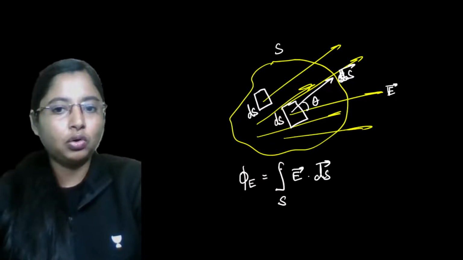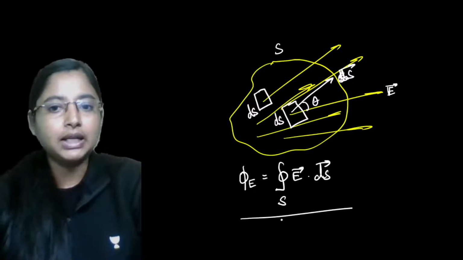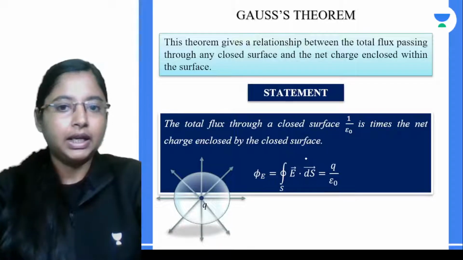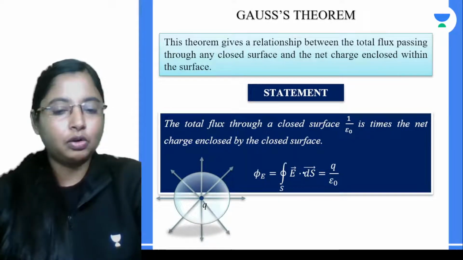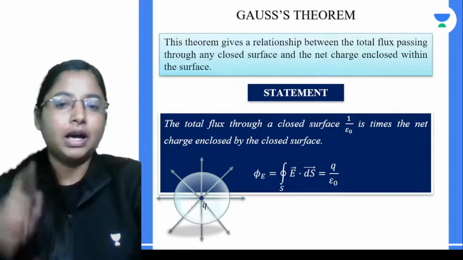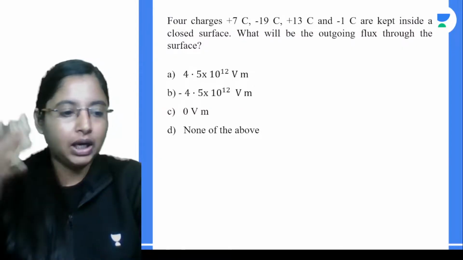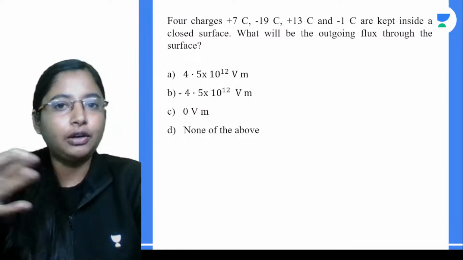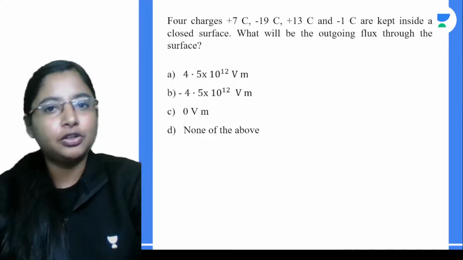This gives you the total flux passing through this particular surface, right? So here, E dot ds integrated is equal to Q by epsilon naught. That is Gauss's theorem statement, and it's very helpful when we deal with linear charge density, when we try to find the electric field because of a continuous charge distribution.